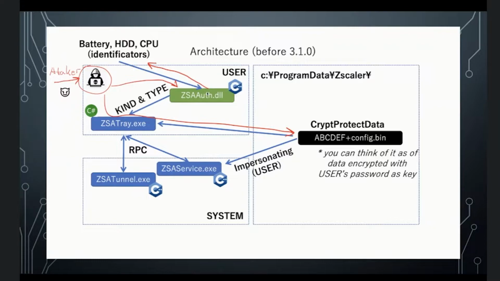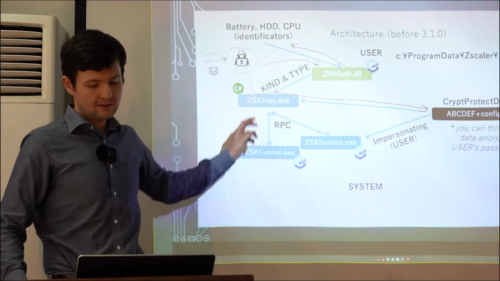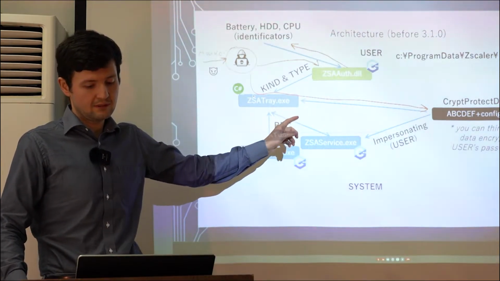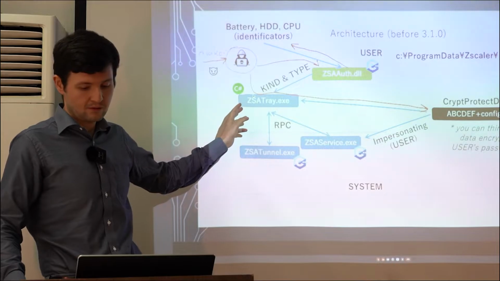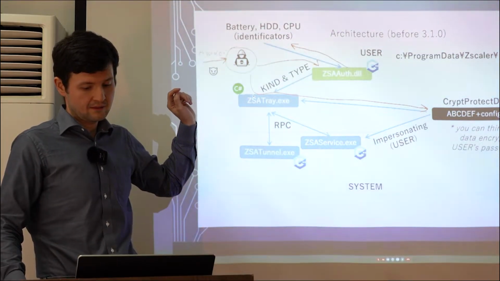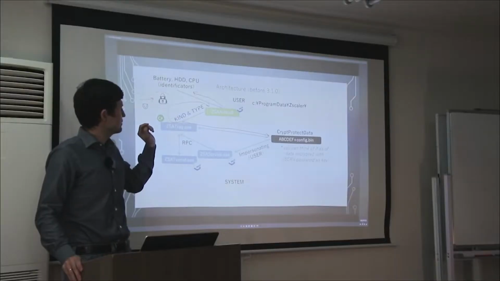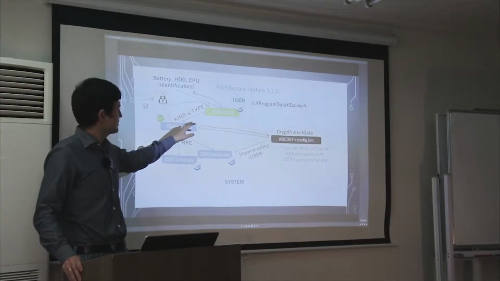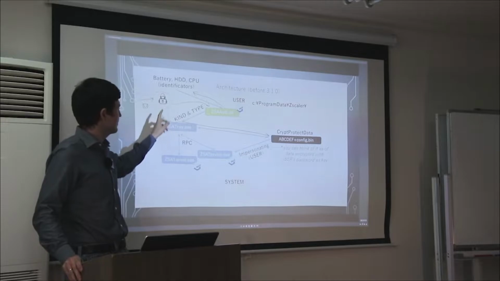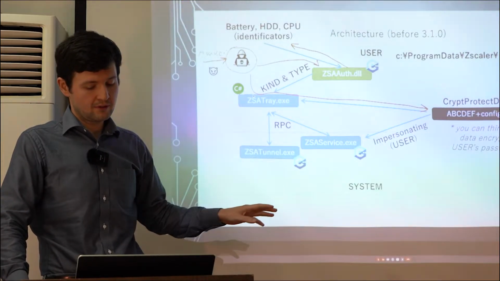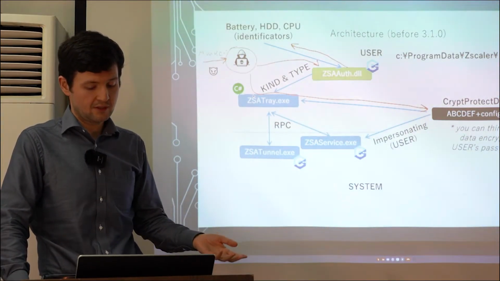There was a ZSA tray process in user land, and it was loading the ZSA OS DLL into itself. It was using the ZSA OS DLL to calculate values that include the battery, HDD, CPU ID, and BIOS of this machine.